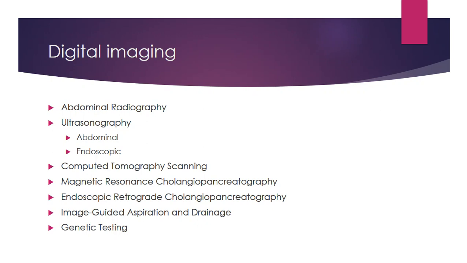Image-guided aspiration and drainage. Computed tomography-guided needle aspiration is used to differentiate infected necrosis from sterile necrosis in patients with severe necrotizing pancreatitis. The needle is placed onto an area of low attenuation in or around the pancreas of a patient with fever and tachycardia or other signs of a systemic inflammatory response syndrome, generally following the first week of severe pancreatitis.